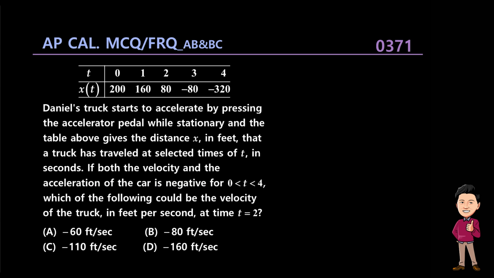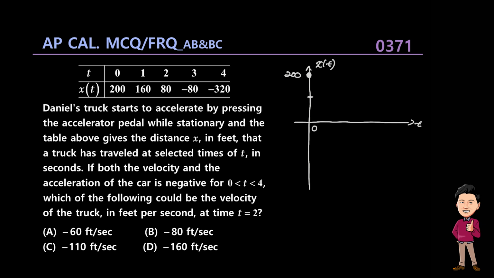So let's draw the graph of x roughly, and we will think about the velocity and the acceleration. So here is time t, and this y-axis is our x of t, the position or distance. When t is equal to 0, it's 200. So let's say here is 100, here is 200.